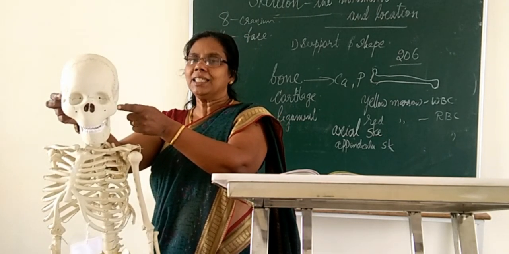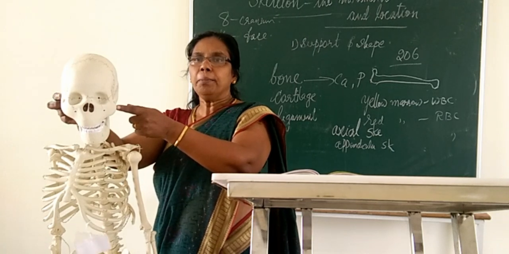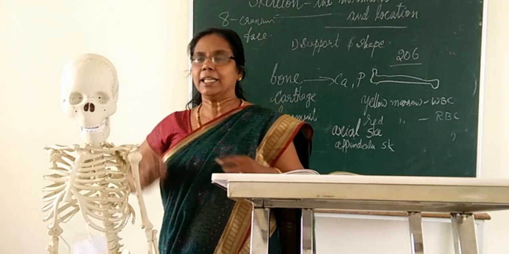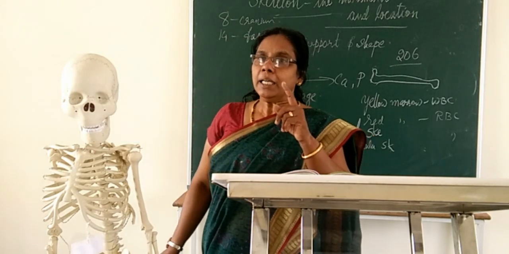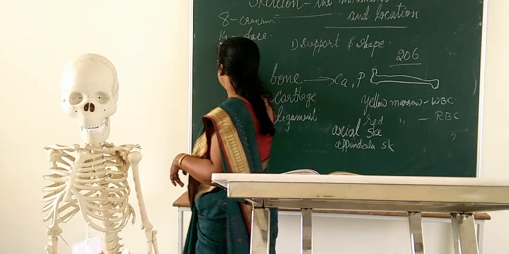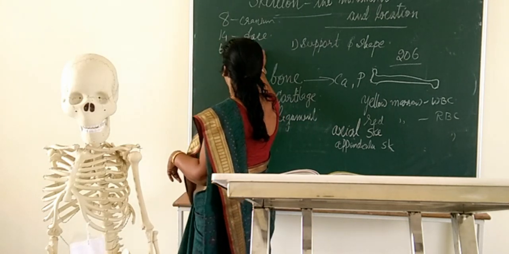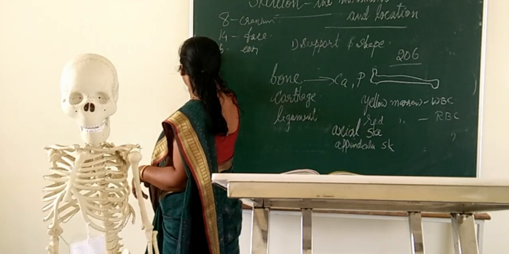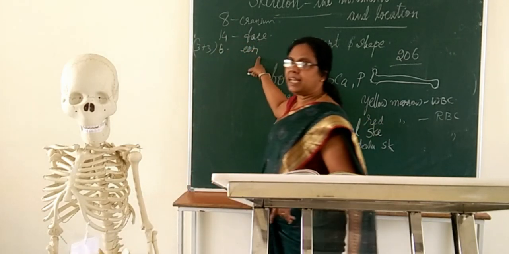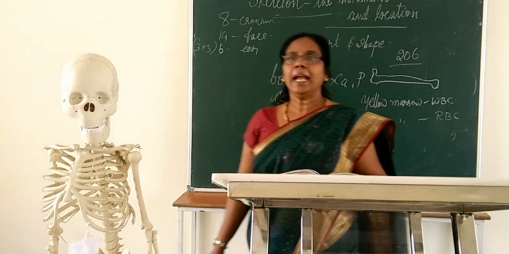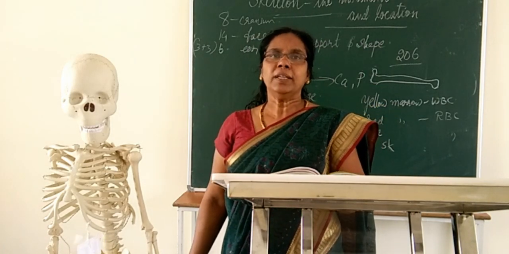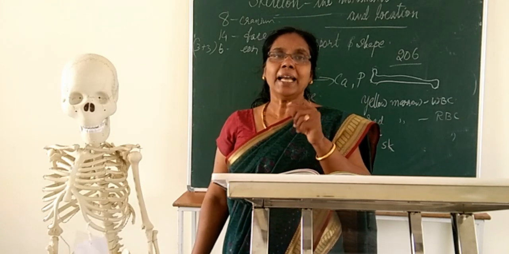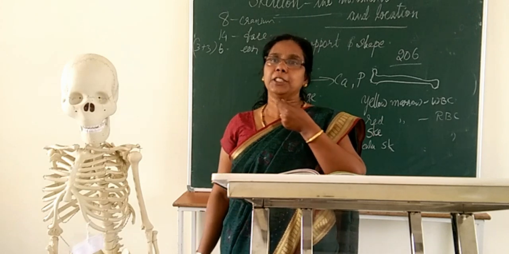Inside the ears, I already told you how many bones are present: 3 in the left side, 3 in the right side. So what is the total number? Yes, 6 bones in the ear, that is 3 plus 3. And there is another bone called the hyoid, which holds the tongue in position.